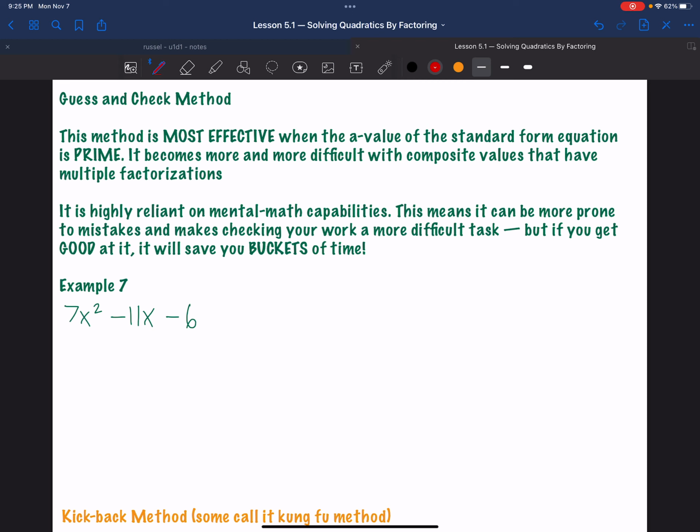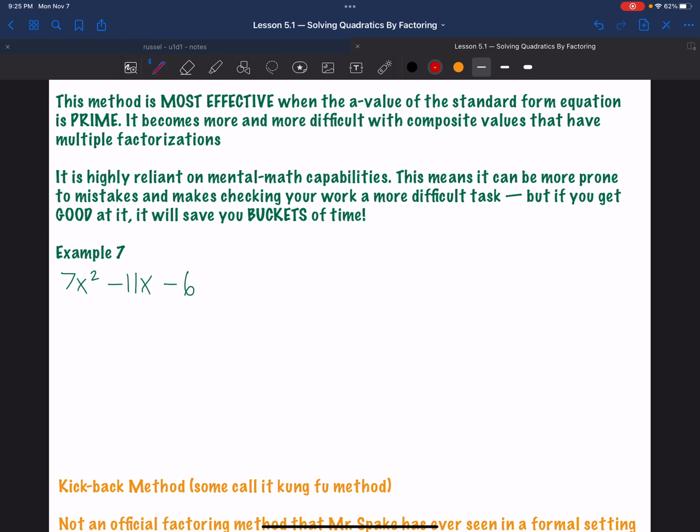Okay, so let's do this. The way I'm going to reason this is when I look at 7x squared, I know that it has to factor like one of these, right? It has to factor in two ways since it's a quadratic. It's something times something.